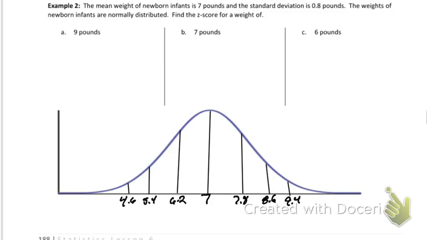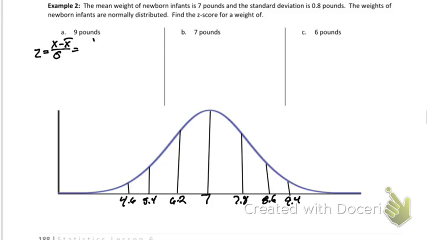Once again, the whole point of z-scores is so I don't have to draw this, but I want you to see what the z-score does and where it would be on the curve if you're just picturing it. It says calculate the z-score for a 9-pound baby. Our z-score, remember, is x minus x bar all over our standard deviation.